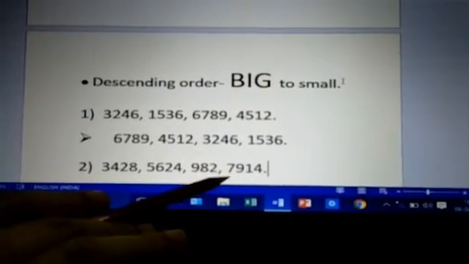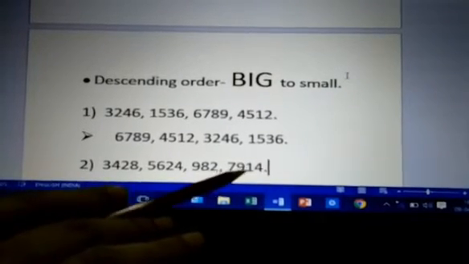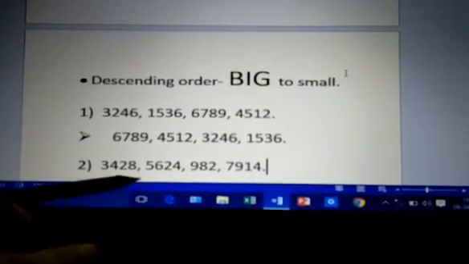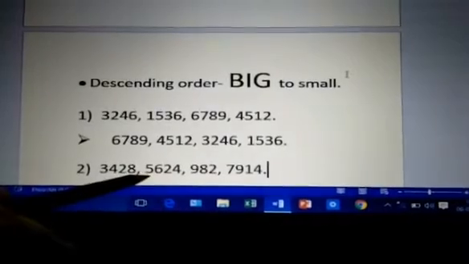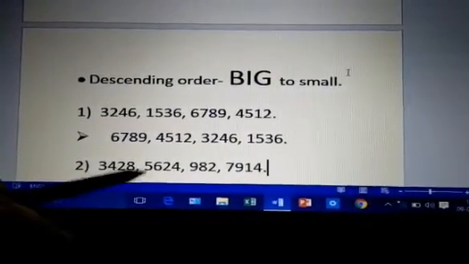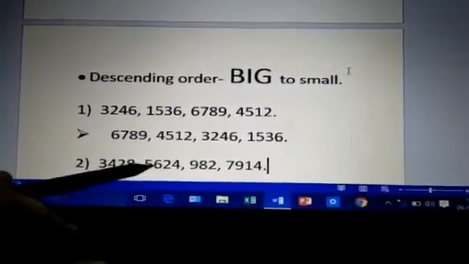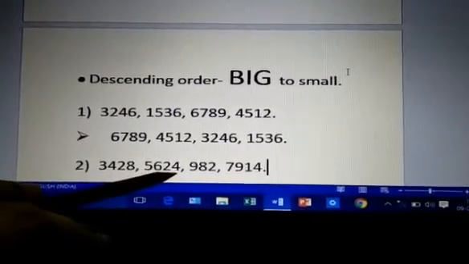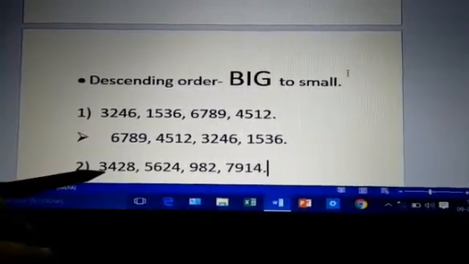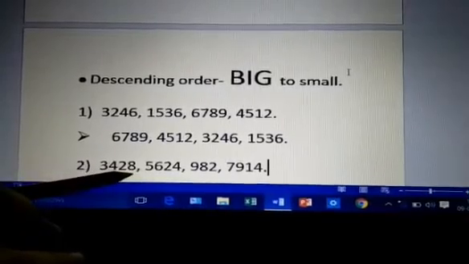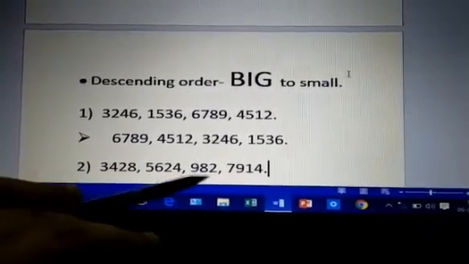Okay. So first number we are going to write 7,914. Okay. Now next after that 5. So thousands place we are having 5. So next number will be 5,624. And the next number will be 3,428. And as you all know, it is having only 3 digits.